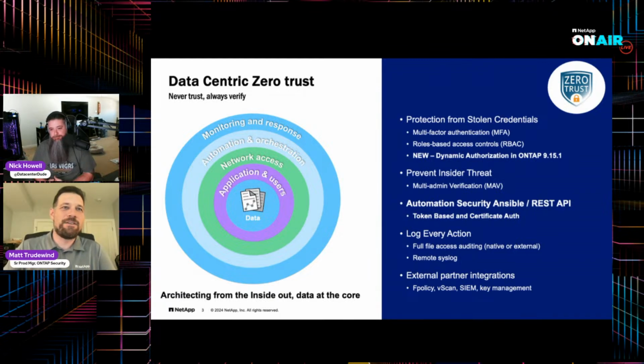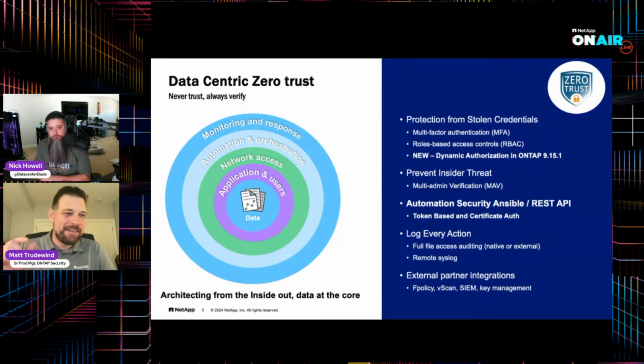I know I talked about zero trust last time, but there's been some enhancements. So let me recap real quick what zero trust is. It's a security architecture traditionally applied to networking, but you can apply it to data, and you can see right here in the graphic, data is at the center of everything that we talk about.